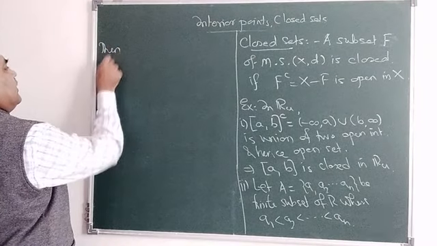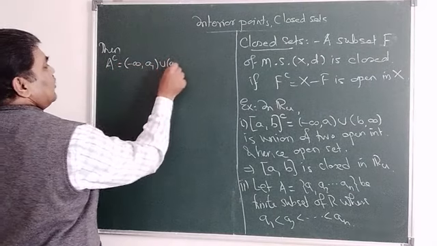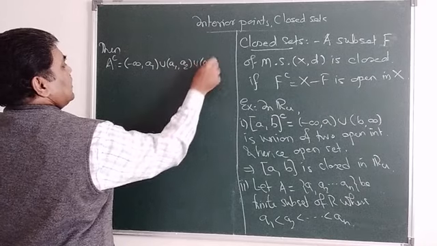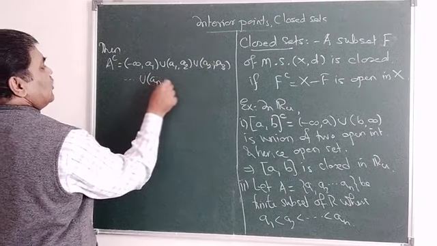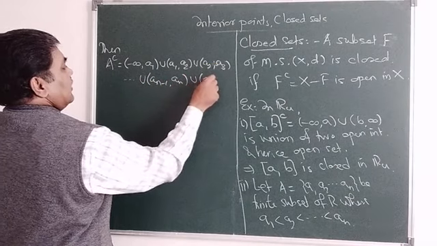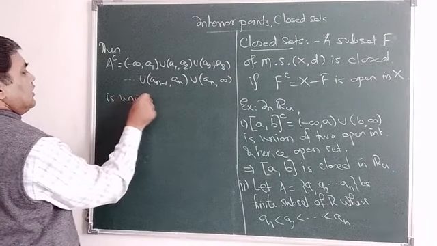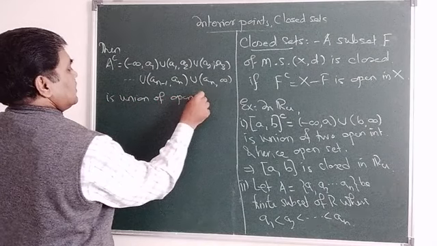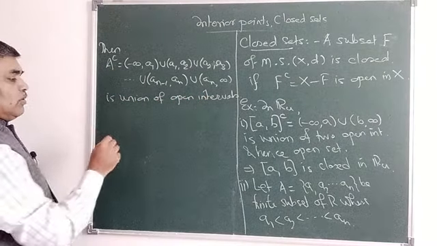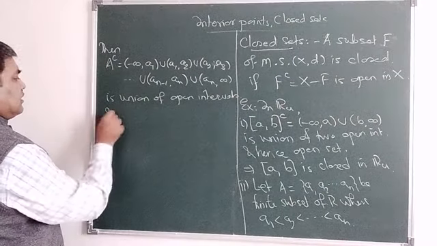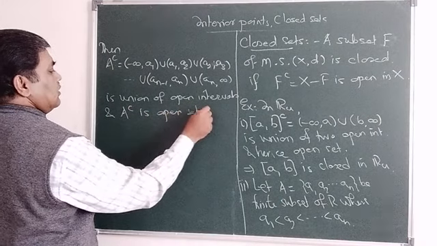It is nothing but minus infinity to a1 union a1 to a2 union a2 to a3 union ... union a(n-1) to an union an to infinity. It is a union of open intervals, and hence A complement is an open set in R_U.